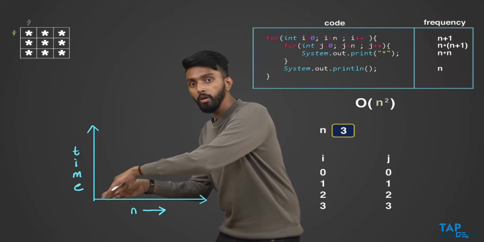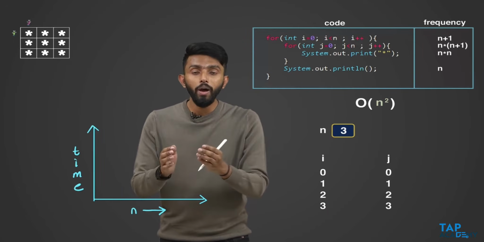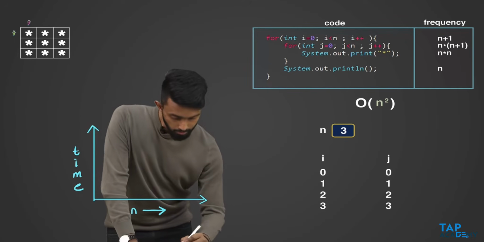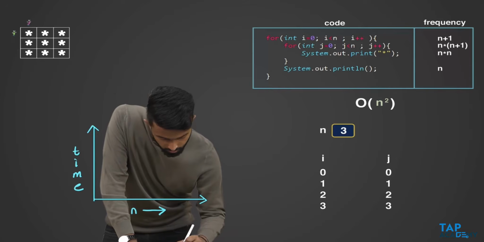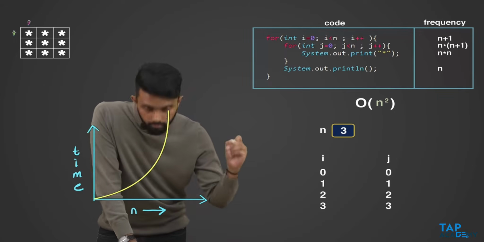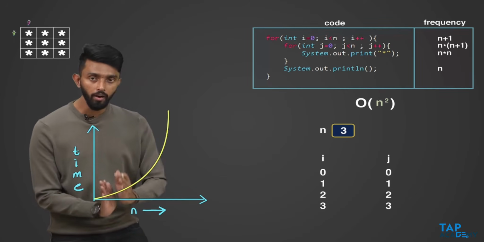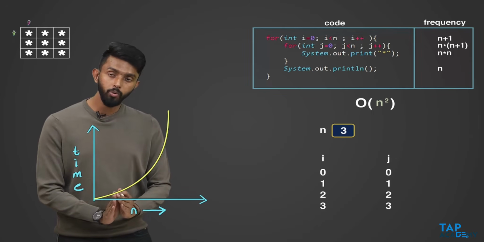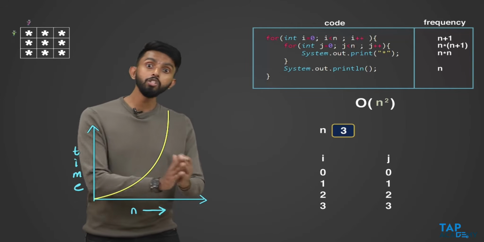So big O of n was linearly increasing. But when you square it, obviously it will not increase linearly, it will increase much faster. It will increase something like this. It will suddenly increase, because every time you square: 1 square is 1, 2 square is 4, 4 square is 16, 16 square is 256.